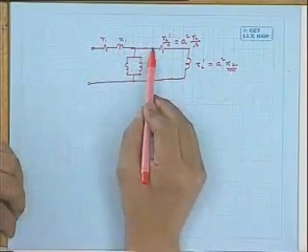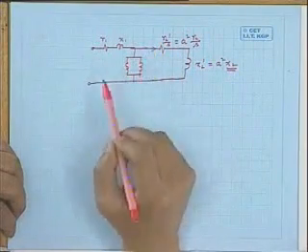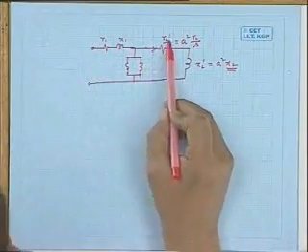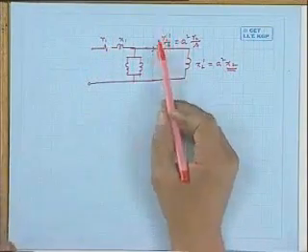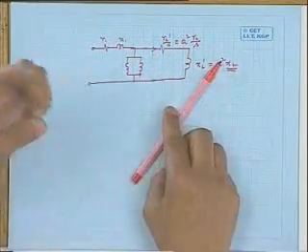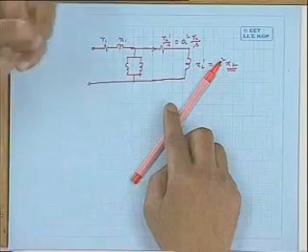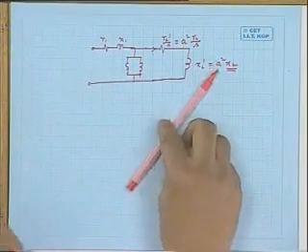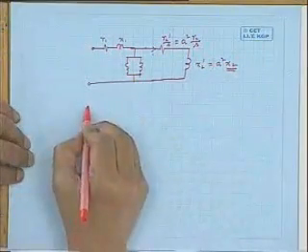Then if you analyze this circuit and calculate this current here, this current square into R2 dashed by S will give you what? It will give you the rotor copper loss plus the mechanical power developed in the machine.